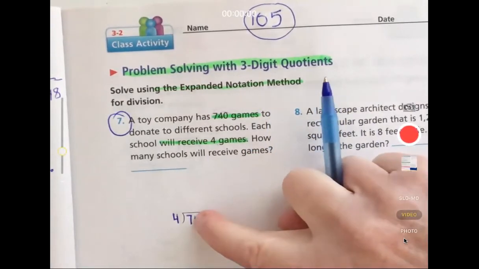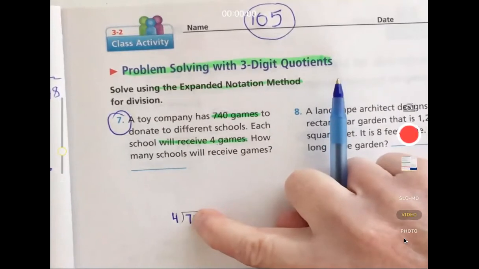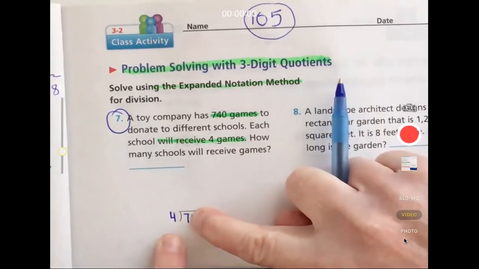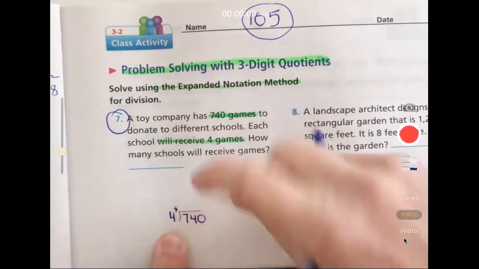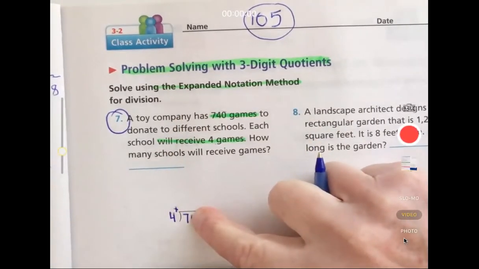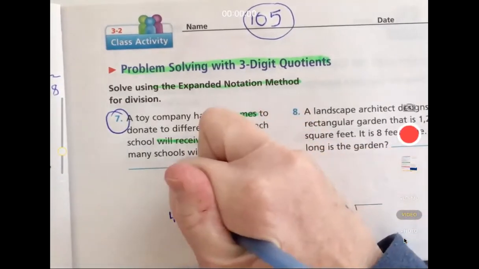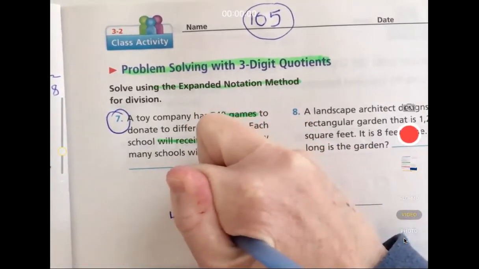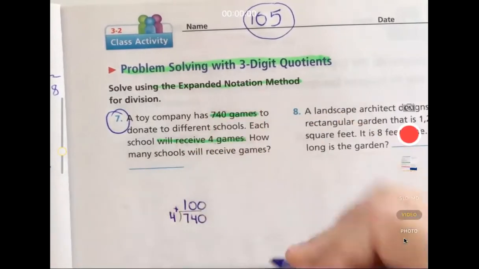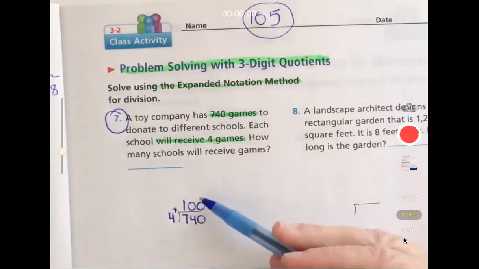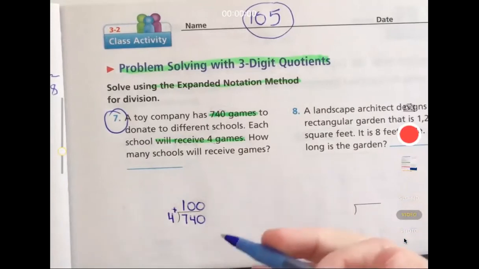So remember, I'm thinking like place value, like that model. 4 times how many hundreds can get me really close to 700 without going over? Okay, thinking about that. 4 times what gets me to 7? I'm going to do a 1, and I'm going to make this 100, right? So I'm just imagining this is how my place value works, you'll see as we go on.